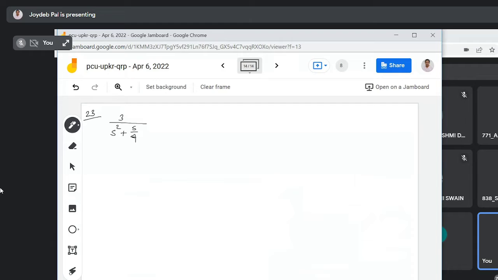For that there are actually three options. You can solve it in 3 ways. One way is that you write it as s into (s plus 1 by 4), then you represent it as partial fractions.